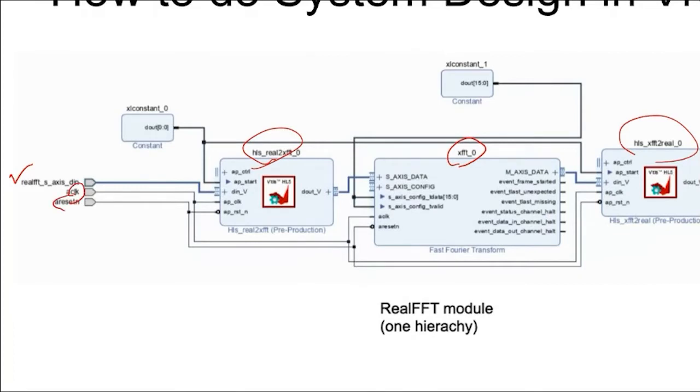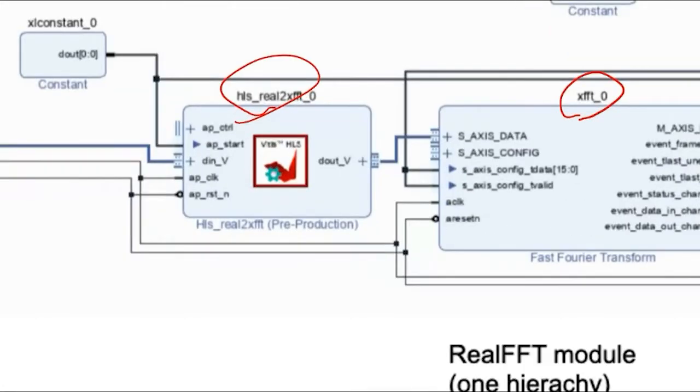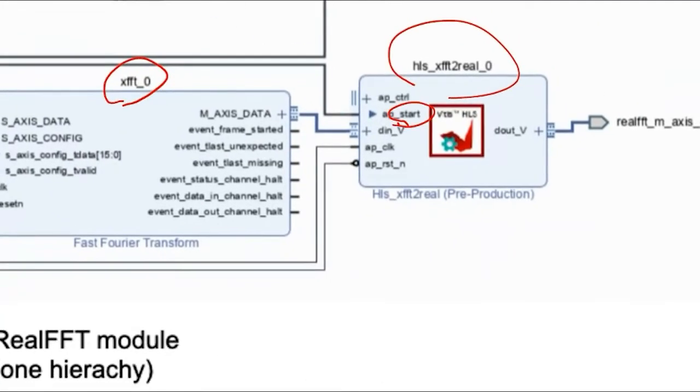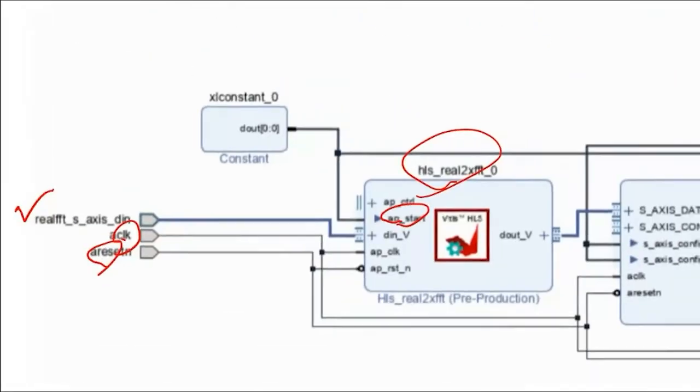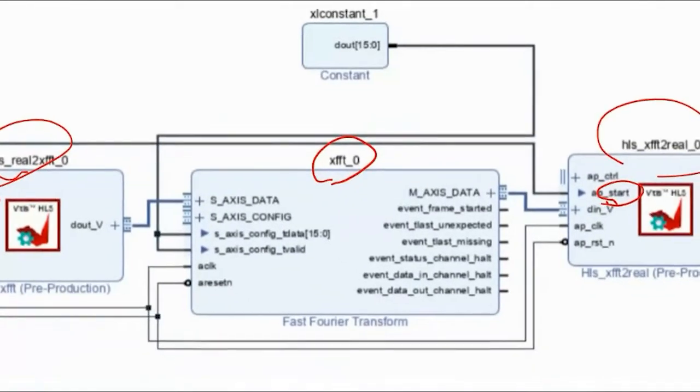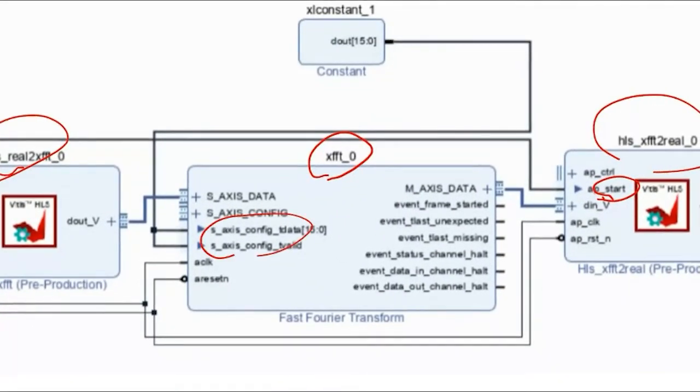The clock and reset signals are connected to all three blocks. And then we can see the AP start control signals of both the front end and the back end are connected to constant 1. And then some configuration data are connected to constant 0 of the Xilinx FFT IP.